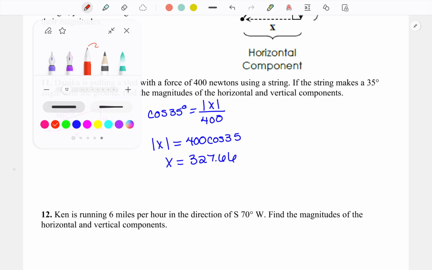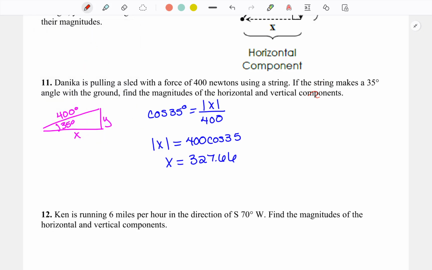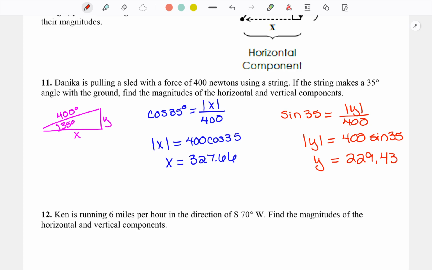Then for the vertical, we have the sine of 35 equals the absolute value of Y over 400. So the absolute value of Y equals 400 times the sine of 35. So Y is going to equal 229.43.